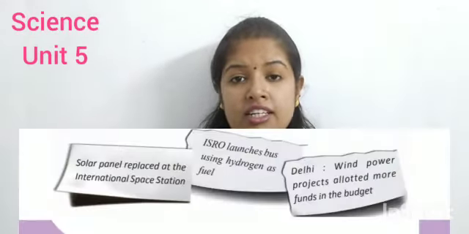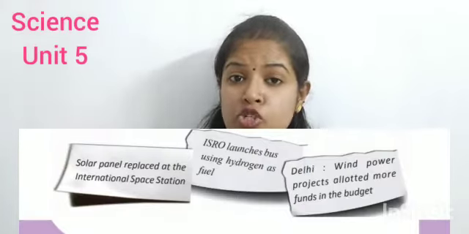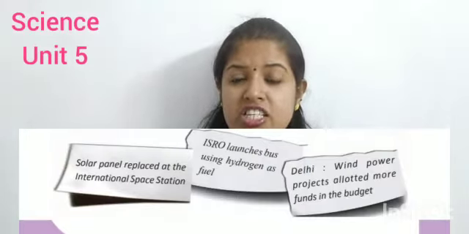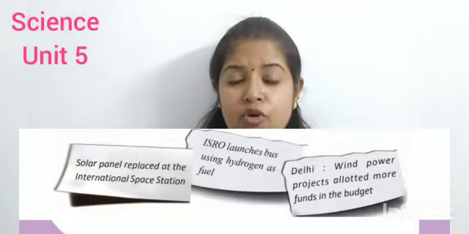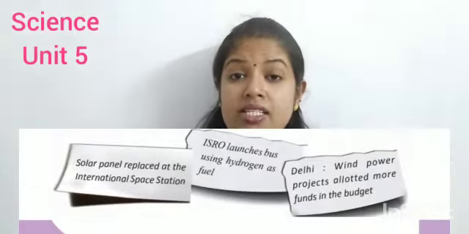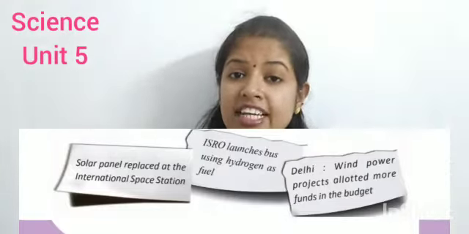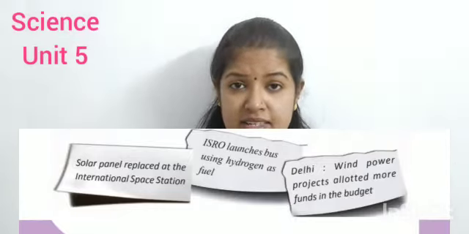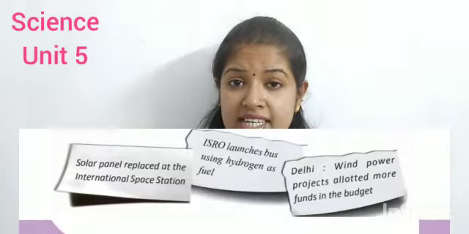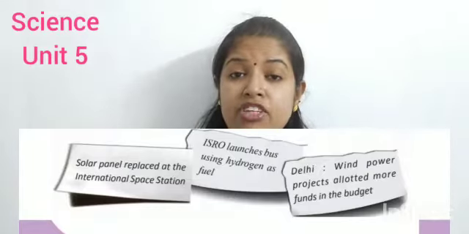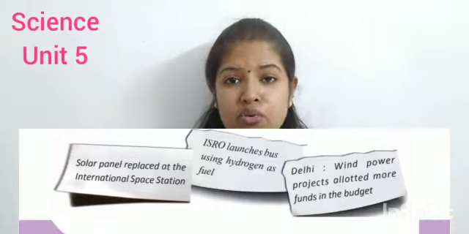So children, you might have seen the newspaper reports in your textbook. There are three newspaper reports. Can you see, children? What does it say? The solar panel replaces the International Space Research. ISRO launches the BESS which uses hydrogen as a fuel.